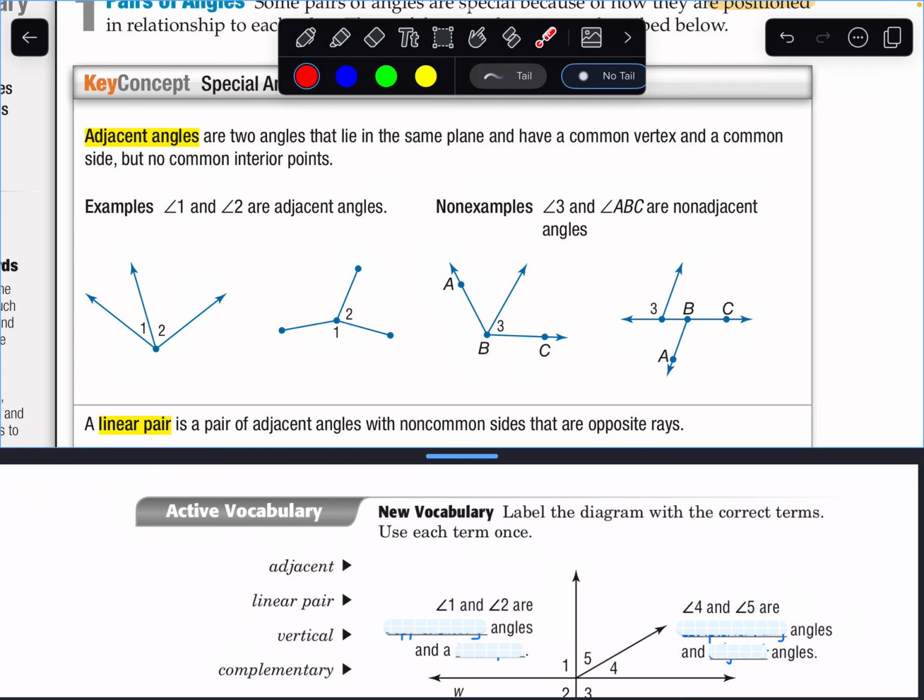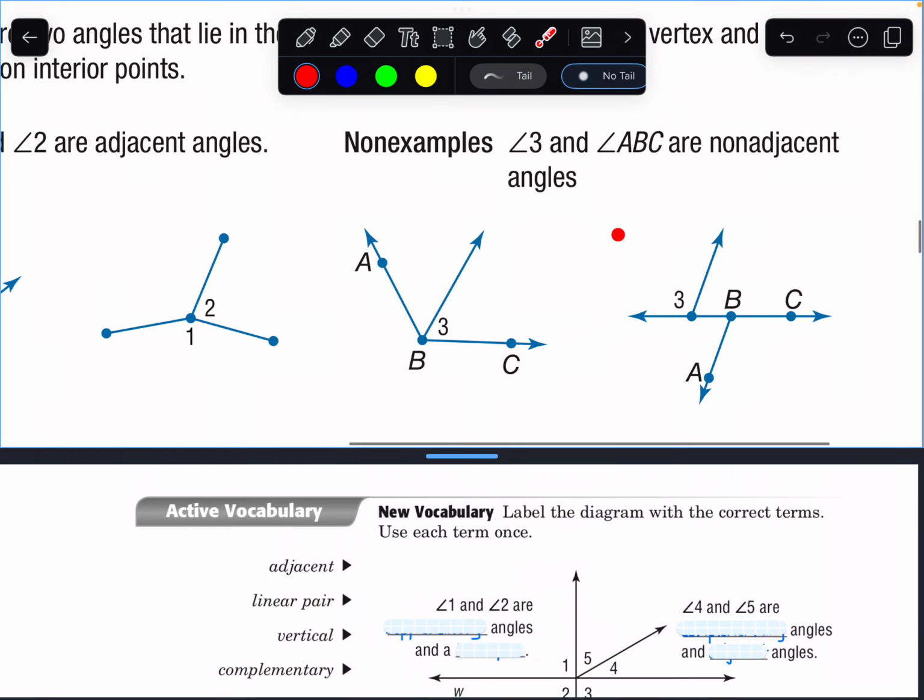Non-examples, angle 3 and ABC are non-adjacent. Ah, I see now. ABC would have, actually let's color in the interior here. So this would be the interior of ABC, whereas this would be the interior of angle 3. Notice the clear overlap there.